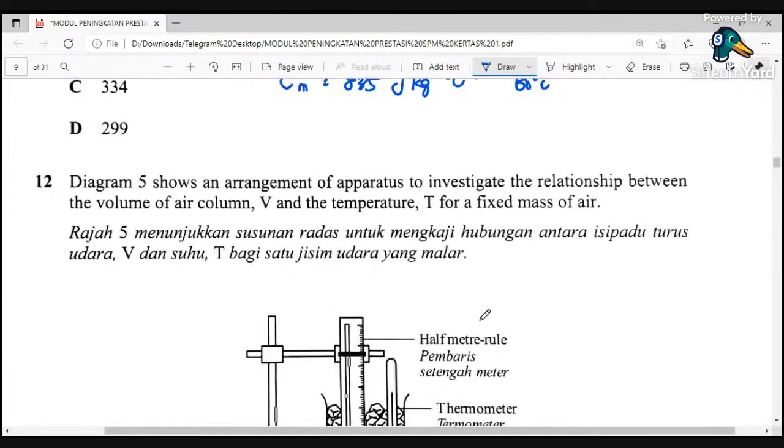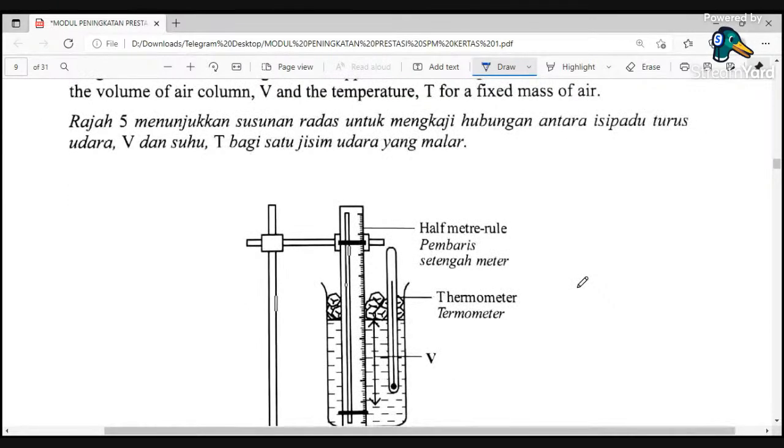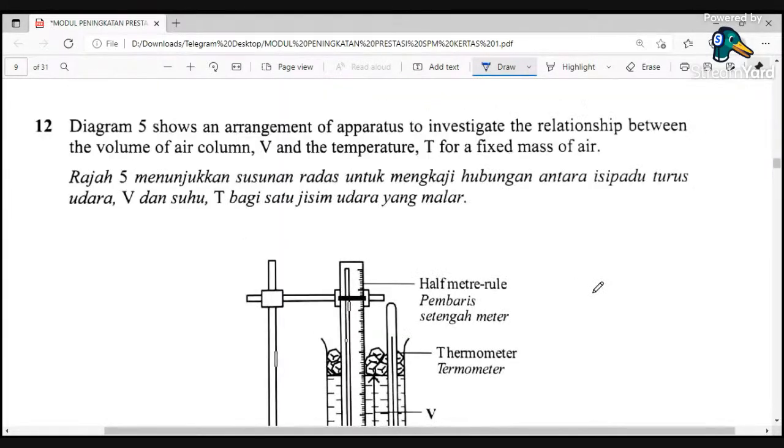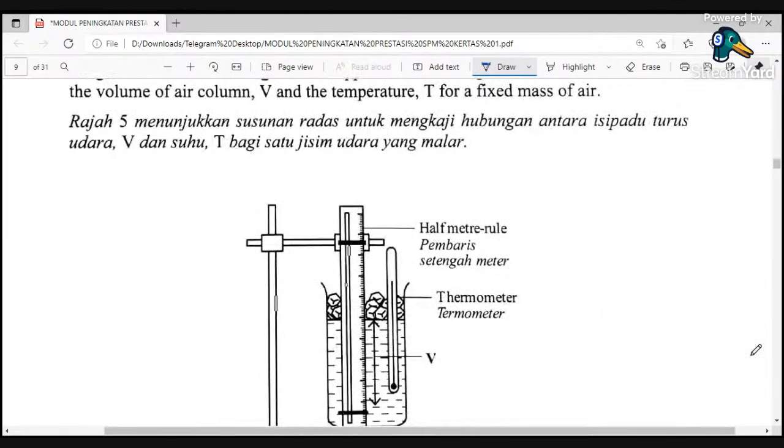Okay, number 12. Diagram 5 shows arrangement of apparatus to investigate relationship between volume V and temperature T for a fixed mass of air. Between V and T, we have this angle. Okay, belajar cepat pandai.